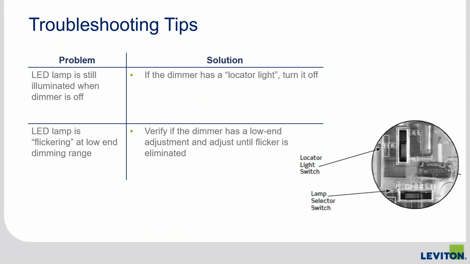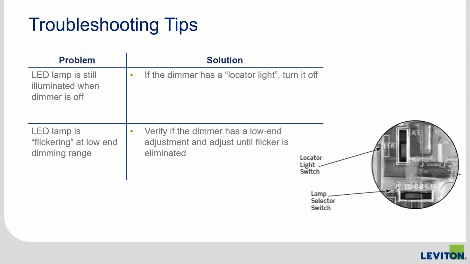The biggest solution for that is to take a look and see if your dimmer has a locator light. And what a locator light does is when the dimmer's in the off position, you may see a little glow, normally at the bottom of the device. That's to help find the device in the dark.